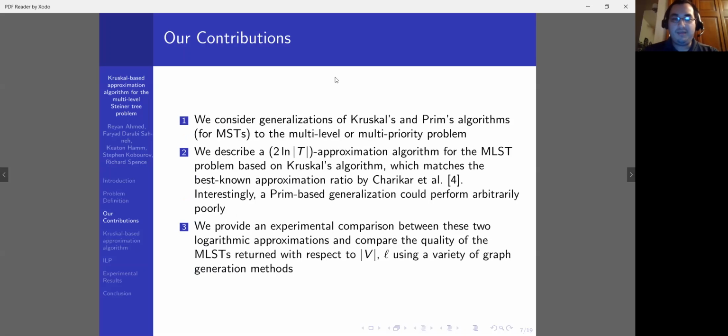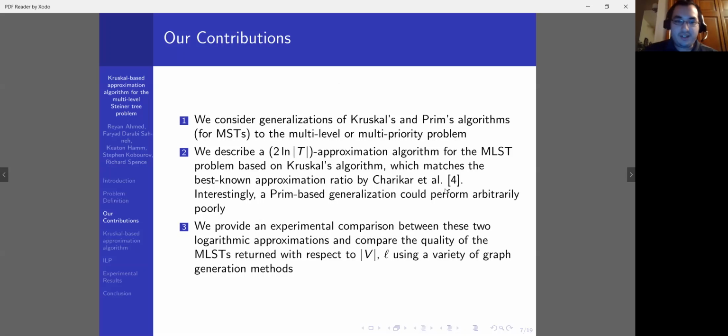In this paper, we consider generalizations of Kruskal's and Prim's algorithms for the minimum spanning tree problem. And we show how to extend these to the multi-level Steiner tree problem. We show that a suitable Kruskal-based approach gives a 2 ln t approximation. And this matches the best known approximation by Charikar et al. On the other hand, a Prim-based generalization gets a bit trickier.